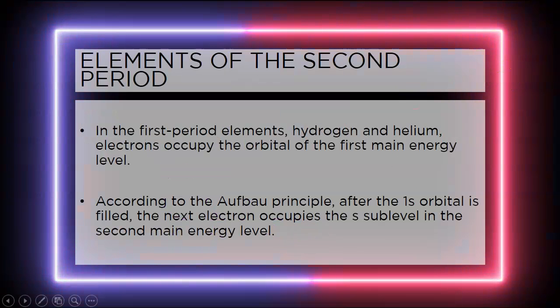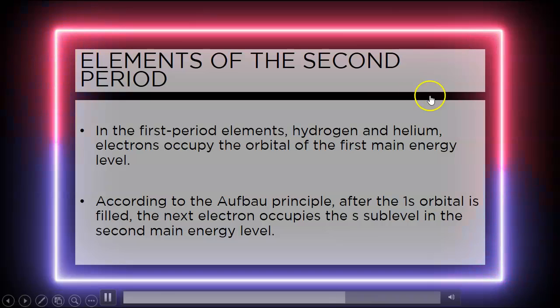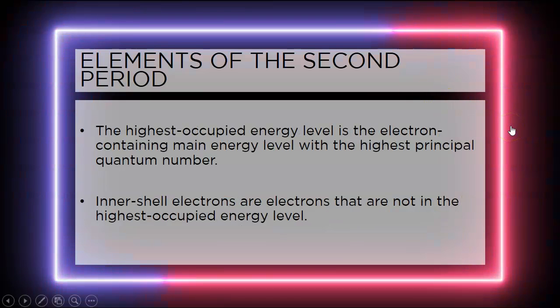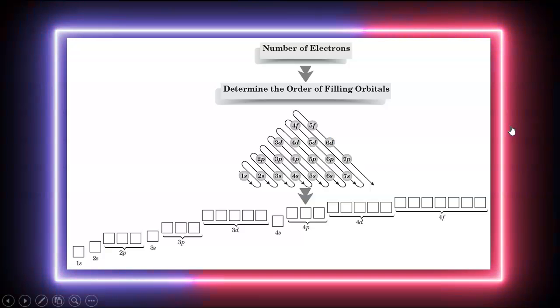So moving on to the second period, we see that hydrogen and helium occupy that first main energy level, that 1s orbital. After 1s, we're going to see that the second energy level, the 2s orbital, gets filled next. And we do have this diagram here which might help you see that order.